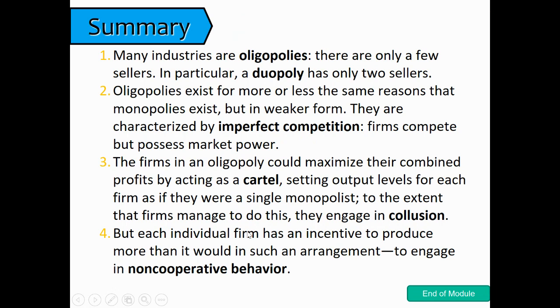Okay. So realistically, when we understand oligopolies, we have to understand there are only a few firms. There could be duopolies, right? They can exist for more or less the same reasons as a monopoly. They could practice collusion. They're in an imperfect market. They're charging higher prices if they collude and act like a cartel.